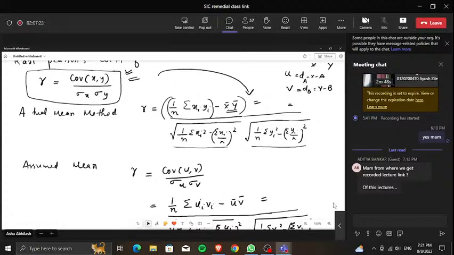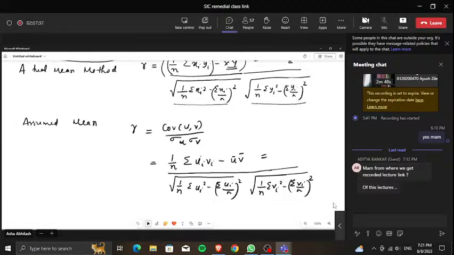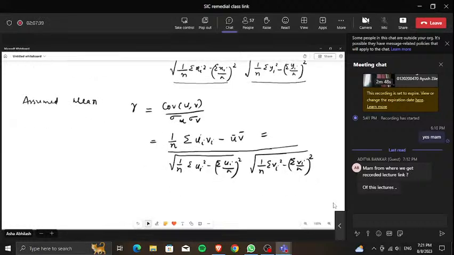Clear? Yes. Okay. So you just have to remember r is equal to covariance by sigma x into sigma y for actual mean, and for assumed mean it will be covariance of uv by sigma u into sigma v. So you can easily remember this formula. We'll do one problem based on the same. I'll do the problem based on assumed mean.